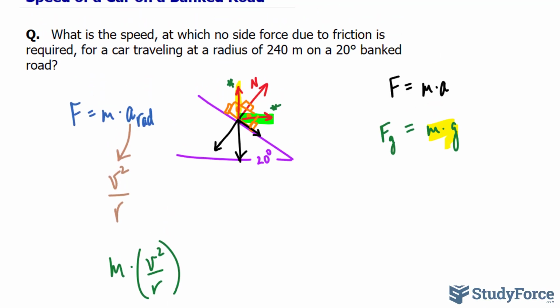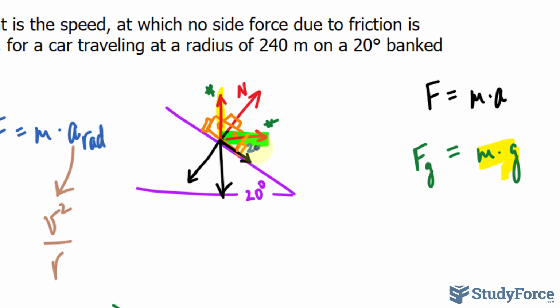Well, first of all, remember back in elementary school that if you have two parallel lines, let's say that's parallel and it's parallel with this, there's a rule with parallel lines called alternating angles, whereby if that's 20, so is that. So the angle that this vector makes with the purple plane is 20 degrees.